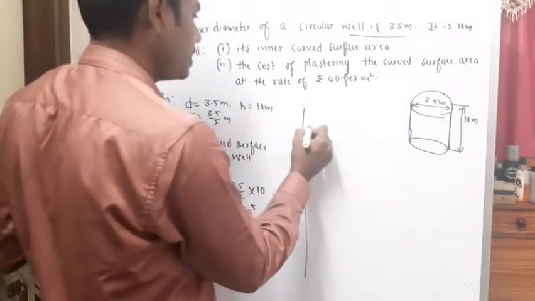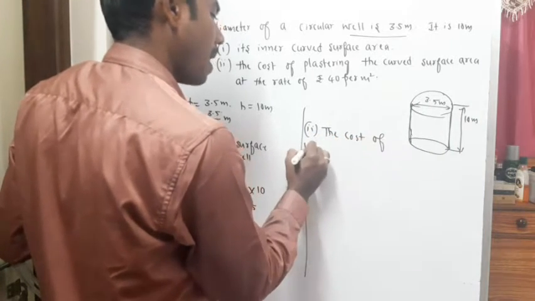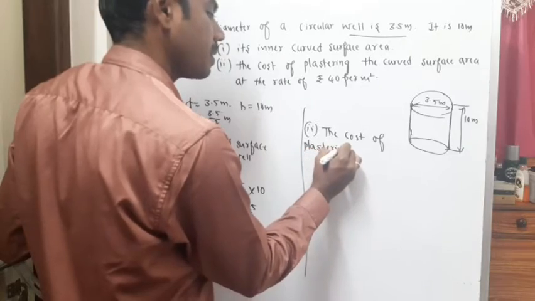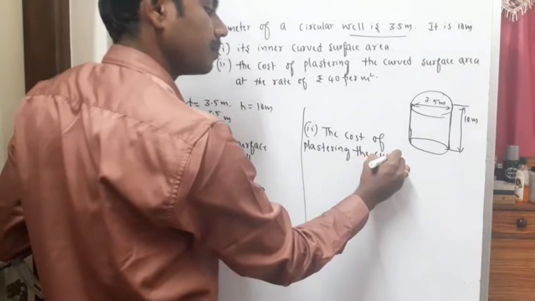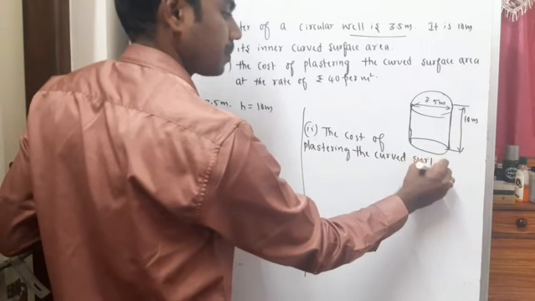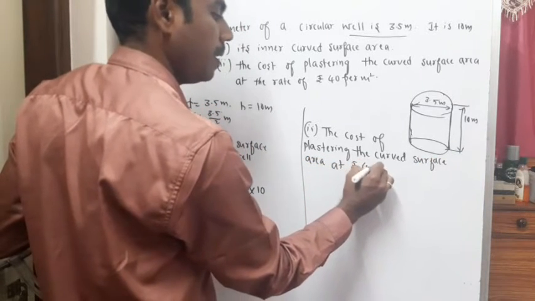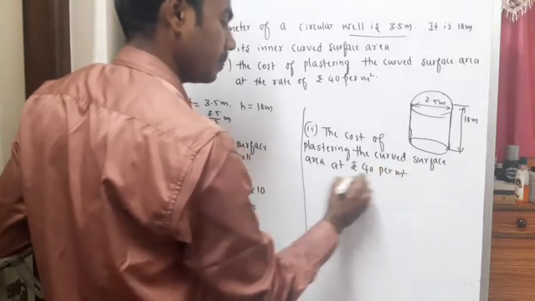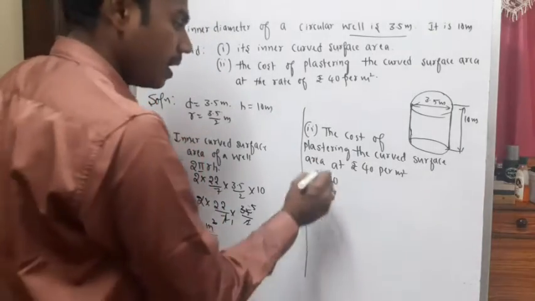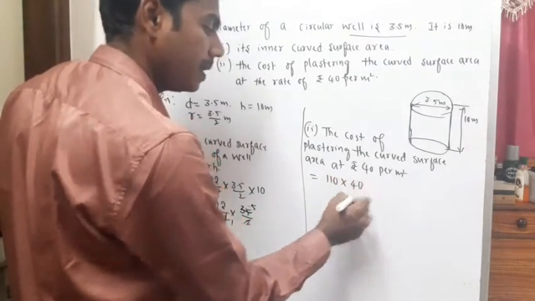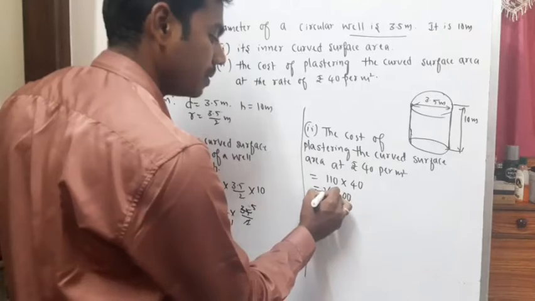So the second one, the cost of plastering the curved surface area at rupees 40 per meter square is equal to 110 into 40, that is 4,400 rupees.